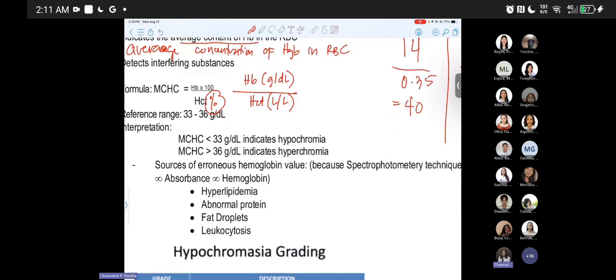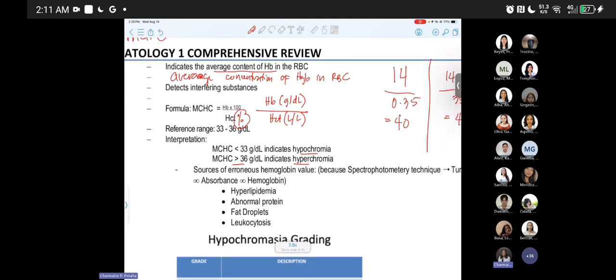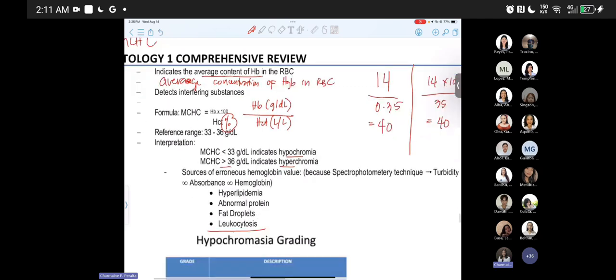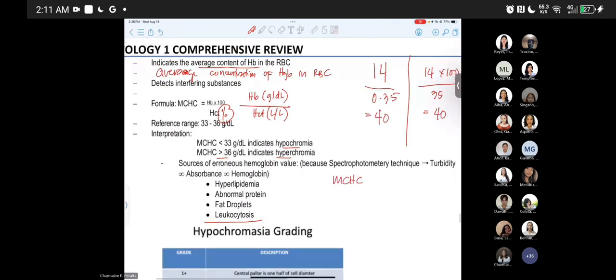If less than 33, it indicates hypochromia. If greater than 36, it indicates hyperchromia. These are the interferences that can affect MCHC. According to Rodaks, it is impossible for the MCHC to be greater than 37.